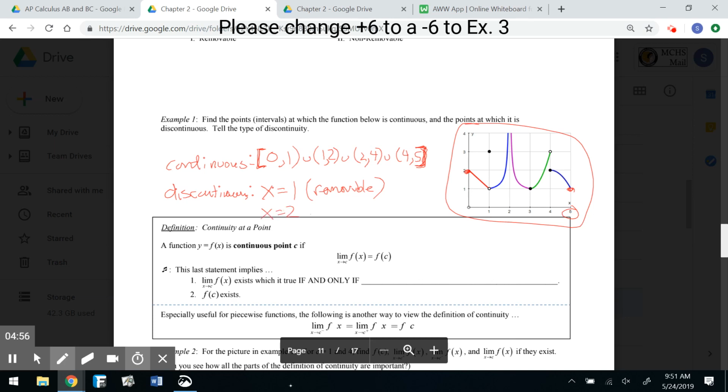Remember, that's called an infinite discontinuity or a non-removable discontinuity. And then my last one is I have a discontinuity at x equals 4, and that again is a jump discontinuity, which we also call a non-removable discontinuity. Okay, so hopefully that gives you a little bit of understanding of what's going on.